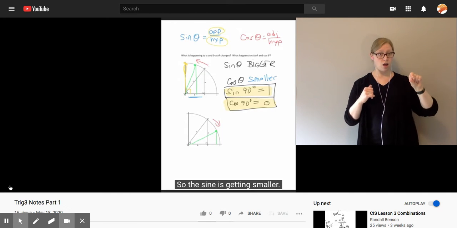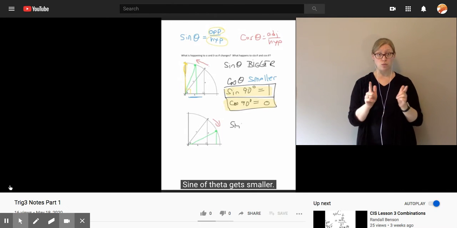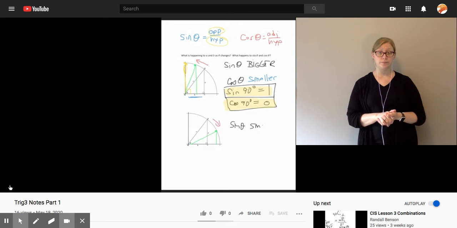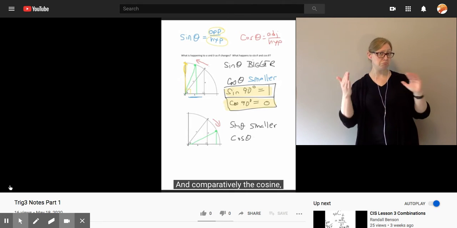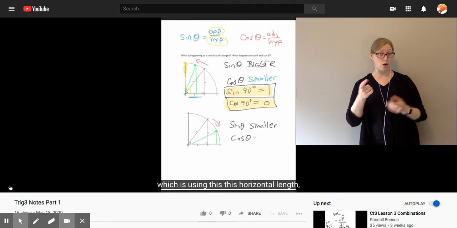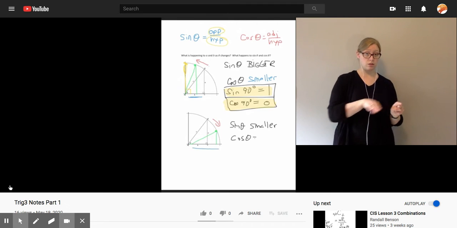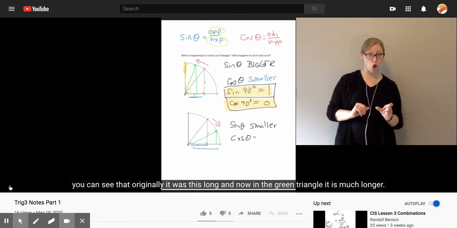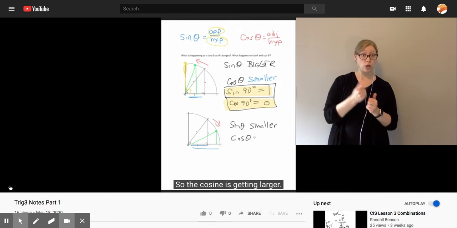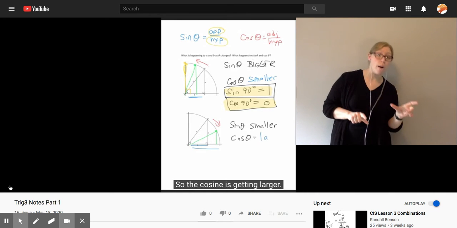So the sine of theta gets smaller. And comparatively, the cosine, which is using this horizontal length, you can see that originally it was this long, and now in the green triangle it is much longer. So the cosine is getting larger.